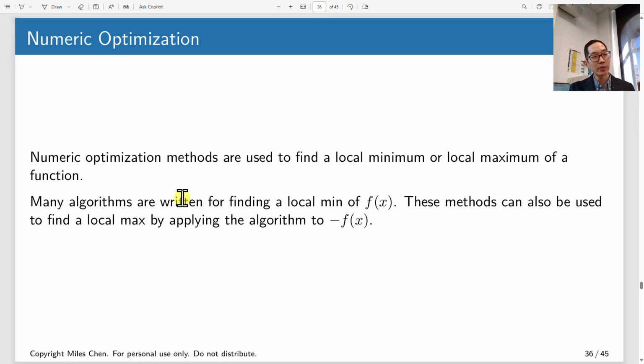If we can find where the derivative is equal to 0, that's going to find local minimums and local maximums, or basically critical points of a function. Maybe a saddle point, but when the derivative is equal to 0, that's going to correspond to local minimums and local maximums. And so now we have a way to perform numeric optimization.